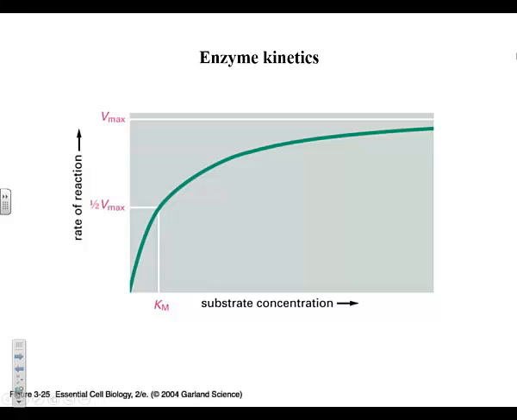At a certain point, all of the enzyme in that cell is bound with substrate. It doesn't matter if you throw in more substrate, nothing more is going to be converted because there are no more sites for the enzyme to bind. There's no more enzyme for the substrate to bind, right?